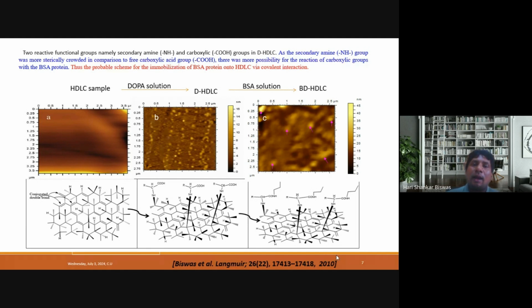Then with the dopamine, the protein can attach to the surface, and I have applied this type of surface for a biosensor. This is the structure, because we already discussed that HDLC is a hydrocarbon containing sp2 and sp3 carbon. The first is the HDLC structure, then modified by dopamine, then modified by protein.